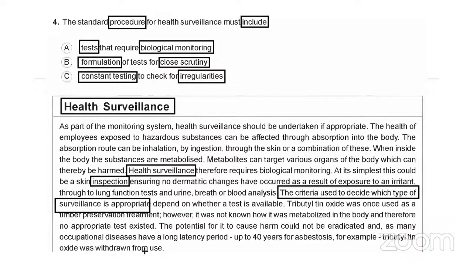If there is a harm, see here. Tributyl tin oxide was once used as a timber preservation treatment. However, it was not known how it was metabolized in the body, and therefore no appropriate test existed. So there is a potential for these to cause harm, and they cannot be eradicated.